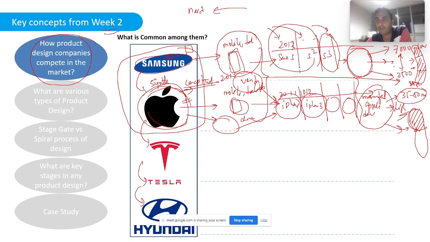Profitability wise, Samsung has greater profit, but in terms of design and sophistication, Apple is a bit more sophisticated than Samsung, because in order to stay competitive with companies like Samsung, they need to have their edge over design. They cannot compromise on design, because otherwise Samsung will have a better edge in terms of price.